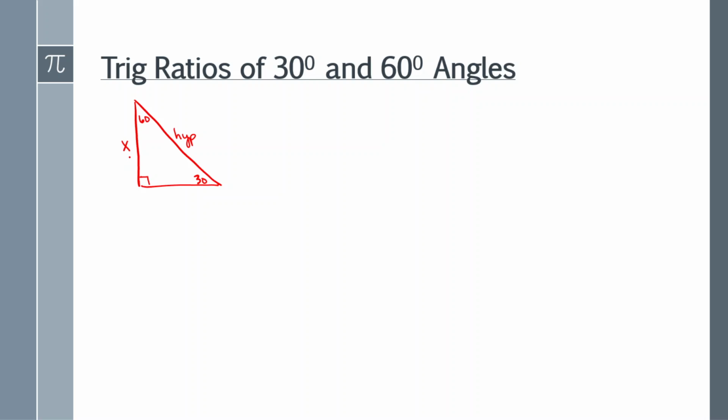So actually the way it works is if we let the side across from the 30 degree angle equal x, the hypotenuse is actually going to end up being twice that. And the one across from the 60 is going to be the square root of 3 times that. So this is our rule from geometry class. So again, let's let the x's be 1.